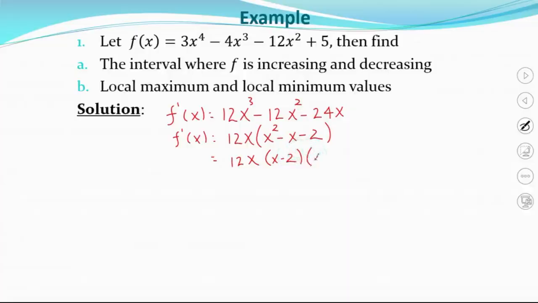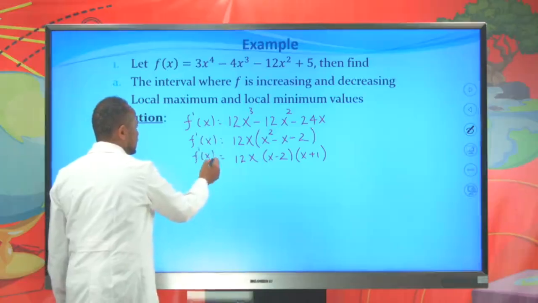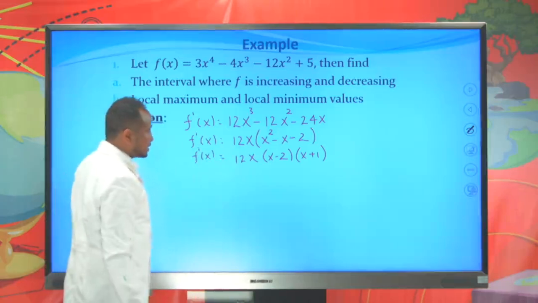Factorizing this, we have 12x times x minus 2 times x plus 1. This is the derivative of our function f of x.